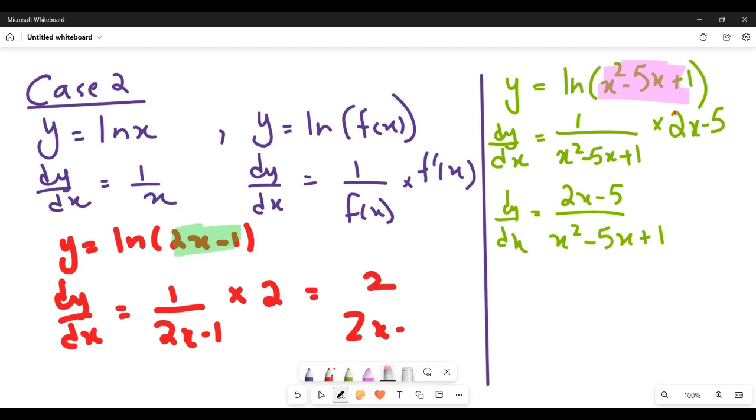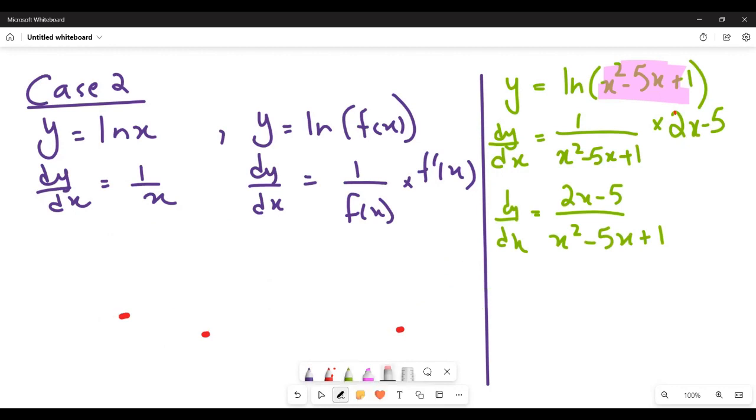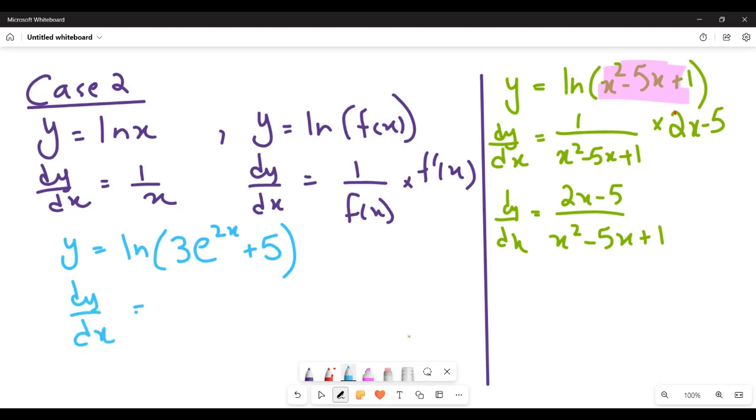Another example. y equals ln(3e power 2x plus 5). So then dy over dx would be 1 upon f(x), which is 1 over 3e power 2x plus 5, times the derivative of this.